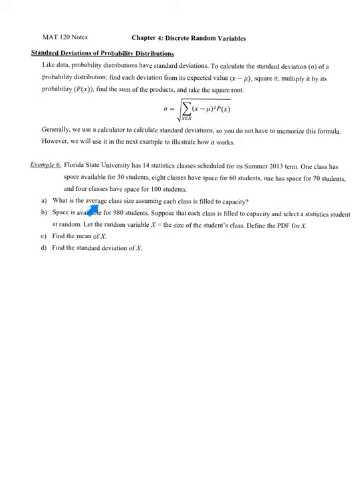For letter A, we're asked to find the average class size. And to find average, we will add up these values like so, and we would divide by the number of classes, and we'd have 70.